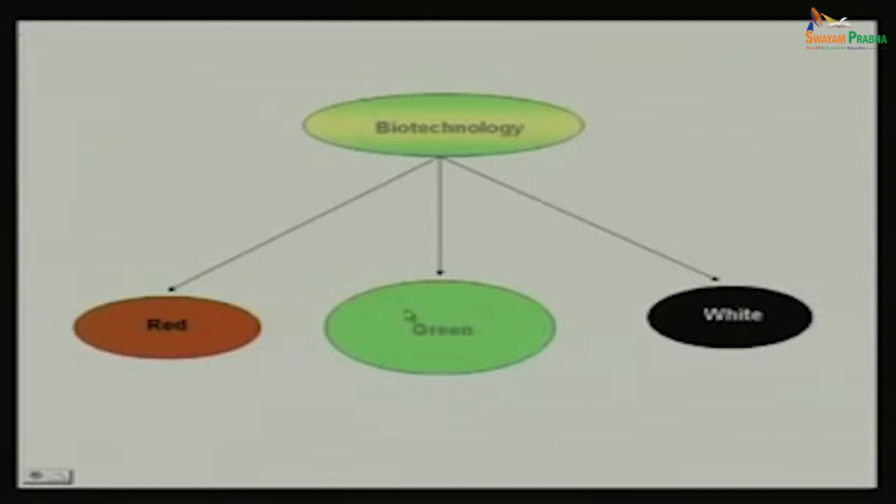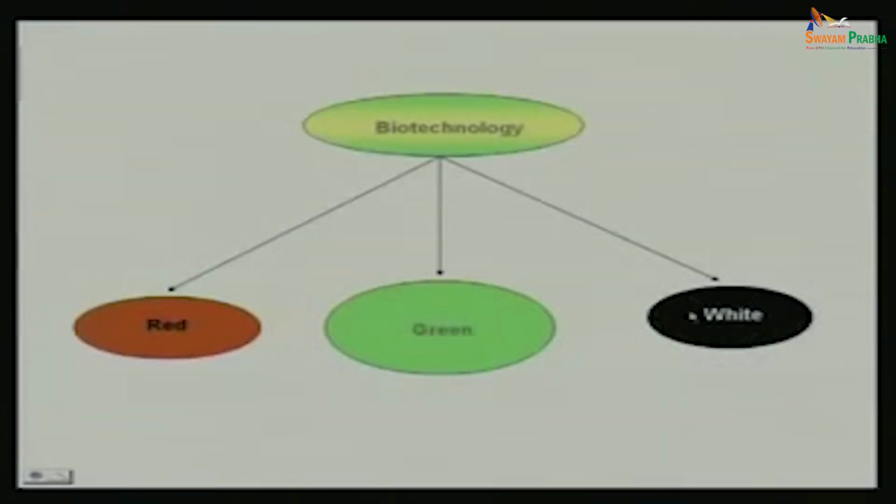Green biotechnology is otherwise known as plant biotechnology or agricultural biotechnology. Food biotechnology is also a part of this type of biotechnological activities. White biotechnology is industrial biotechnology.